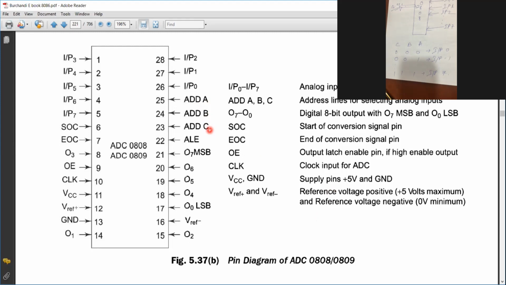Next, V reference plus and V reference minus, and ground and VCC. First, I'm telling about ground and VCC. VCC, where is VCC?